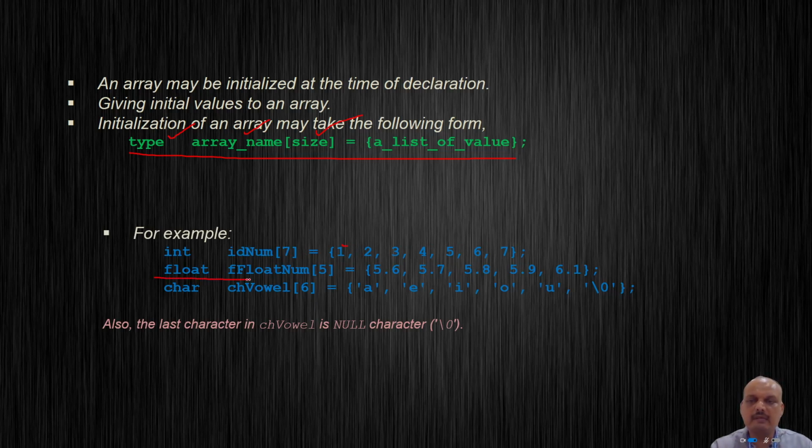Similarly, we can have a floating point array and initialize it with floating point numbers. A character array also can be initialized, and this character array, when terminated with the null character, that is \0, remember backslash, the escape operator or the special operator, so \0 basically indicates a null.